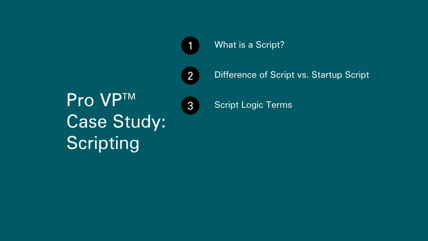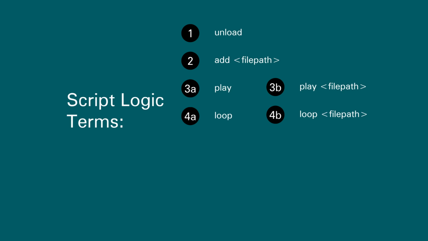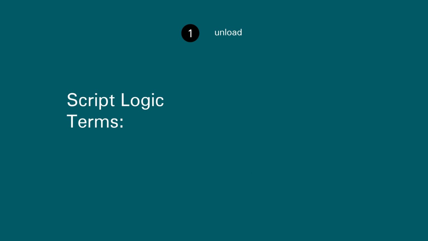Now we will have a look at the terms in script logic. Today I'm talking about 7 terms from the script logic: unload, add, play, loop, run, after and finally. Okay, what is unload?